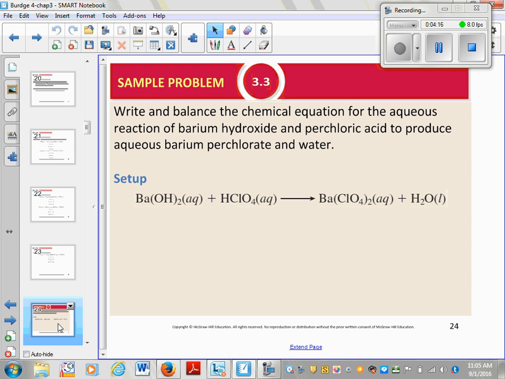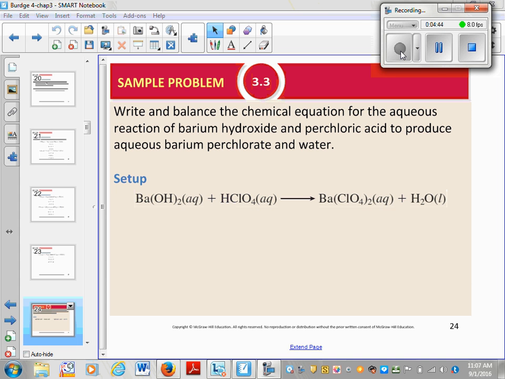So here we're going to do one. The barium hydroxide plus perchloric acid goes to barium chlorate plus water. And right now I am going to pause it because, okay, again, let's look at this carefully.